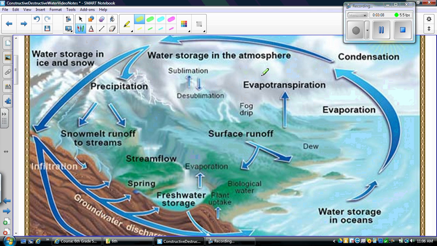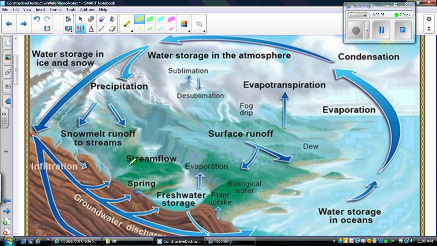Then the water vapor in our clouds starts to cool off, and once it cools off, that gas will turn back into a liquid, and it'll fall down in the form of some sort of precipitation, whether that's rain or snow, and it'll come back down to earth. Okay, so that's what this cycle is showing you.